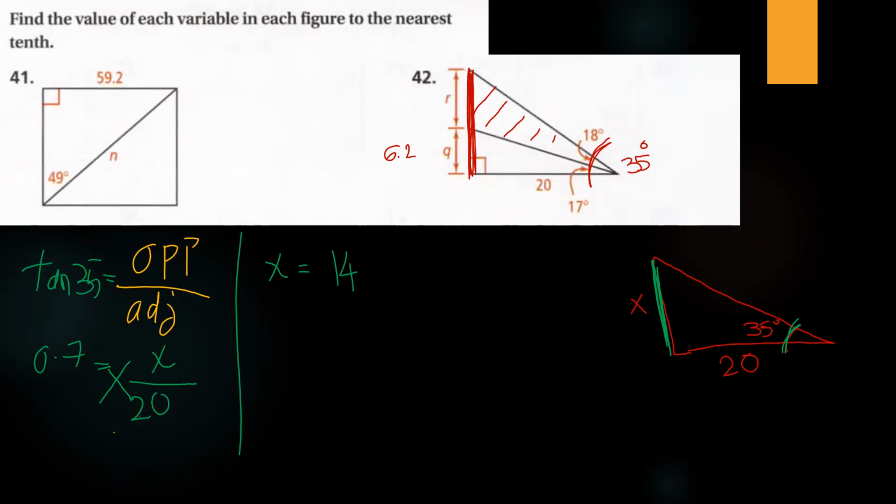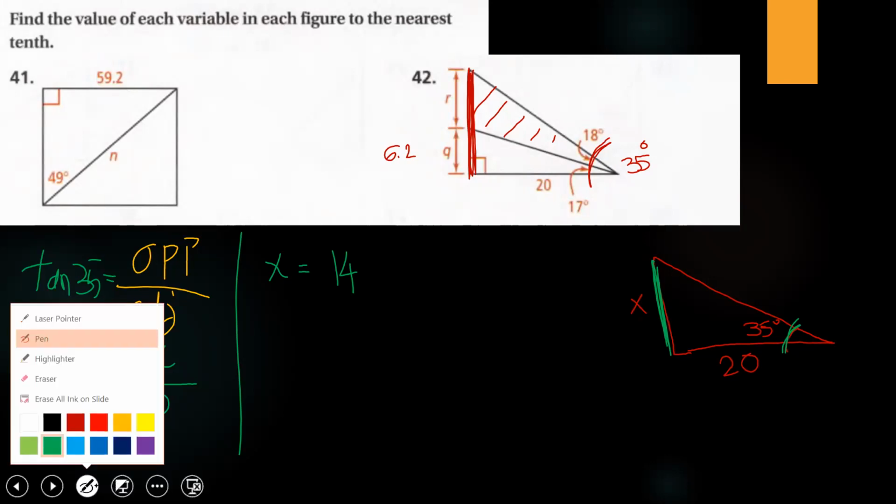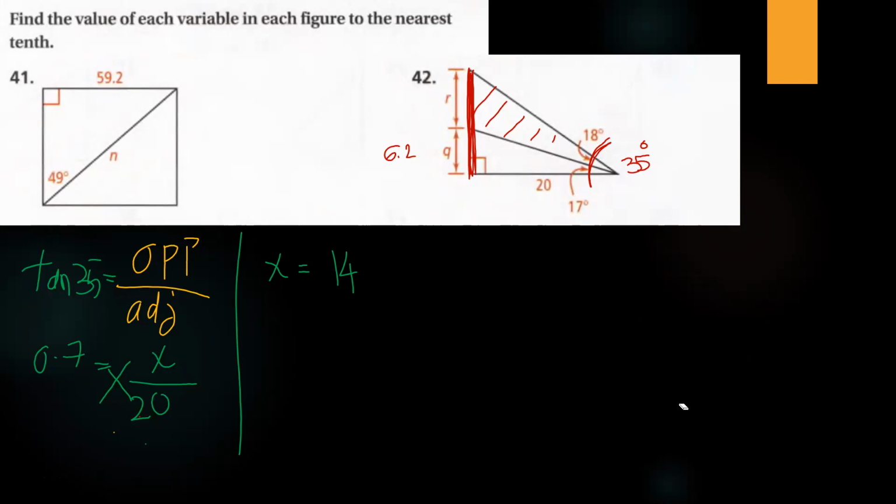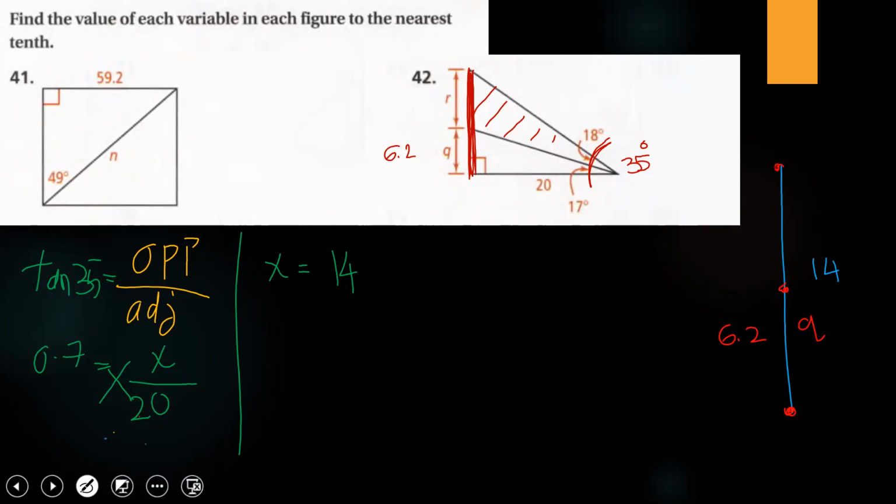Now, what is this 14? It is X, which means it is Q plus R. If I told you that you have a line whose measure is 14, and from this point to this point, which is Q, its length is 6.2, what is the length from this point up to this point?